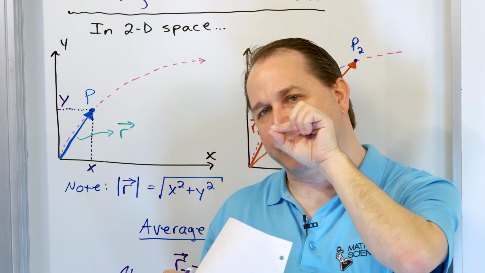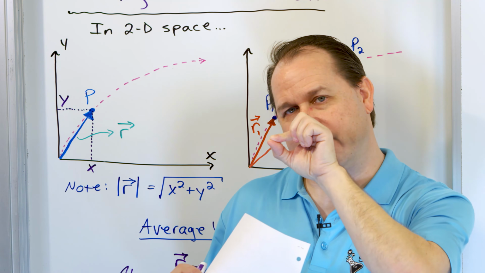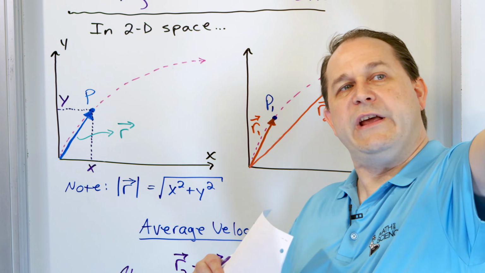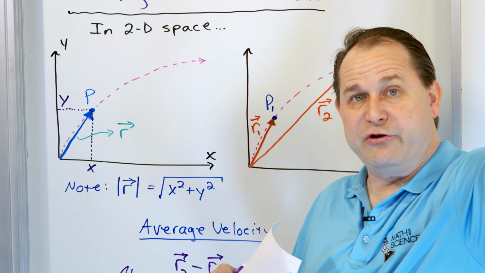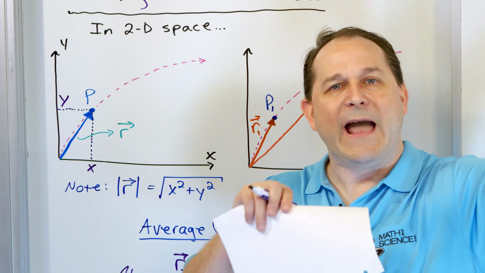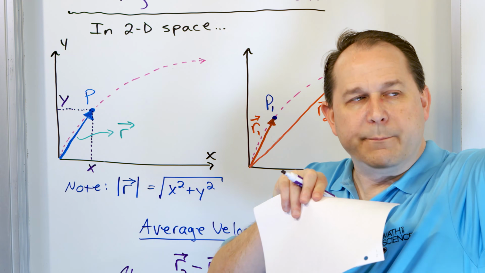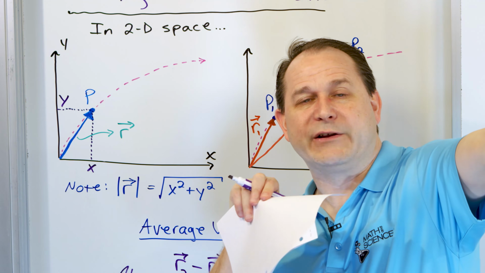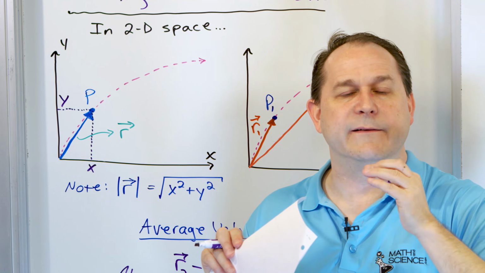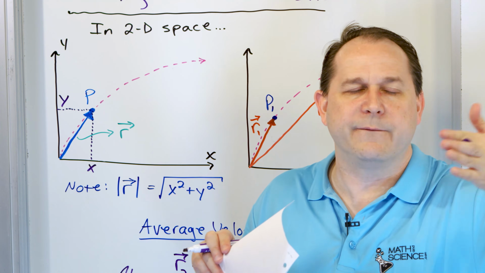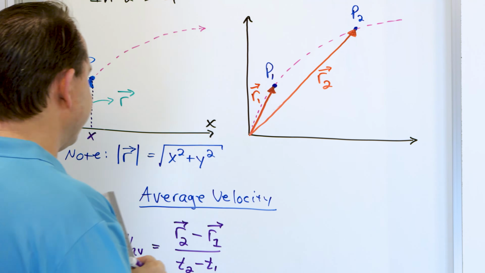I may start here, xyz coordinates here, and then the ball may be over here, xyz coordinates number 2, way away from me over there, and the difference between the two, position vector number 2 minus position vector number 1, is going to be some measurement of how far the ball moved in that interval of time.